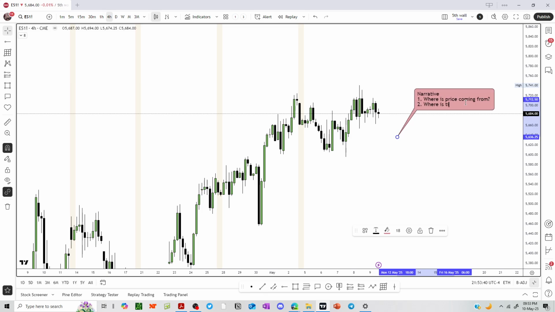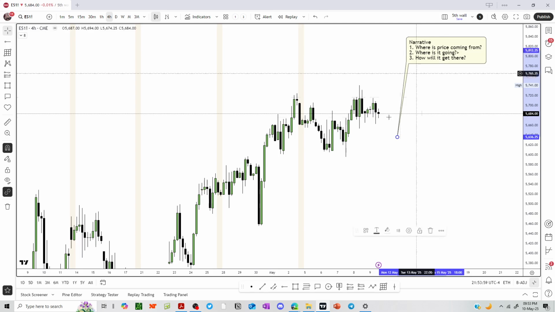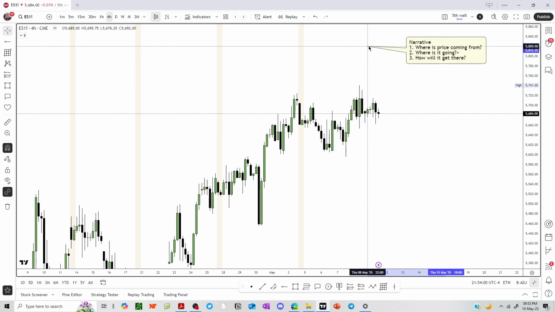Where is it going? How will it get there? Lock in, right? So that's what we want to focus on prior to entering the trade.